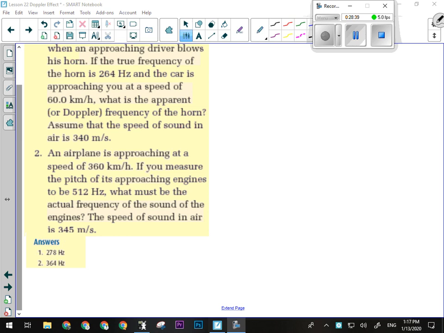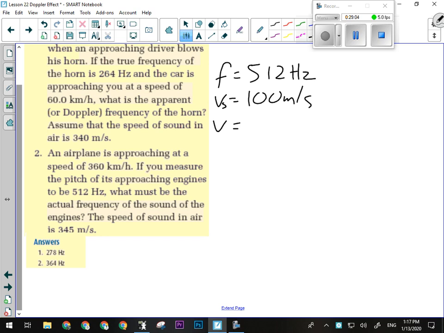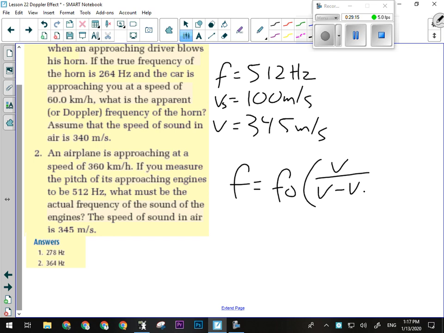All right, so on number two, we are looking for the actual frequency of the sound. We have the perceived frequency to be 512 hertz. That's the sound we hear. We know that the speed is 360 kilometers per hour, so that's 100 meters per second. And we know that the speed of the waves is 345 meters per second. So F equals FO multiplied by V over V minus Vs. The source is still approaching.